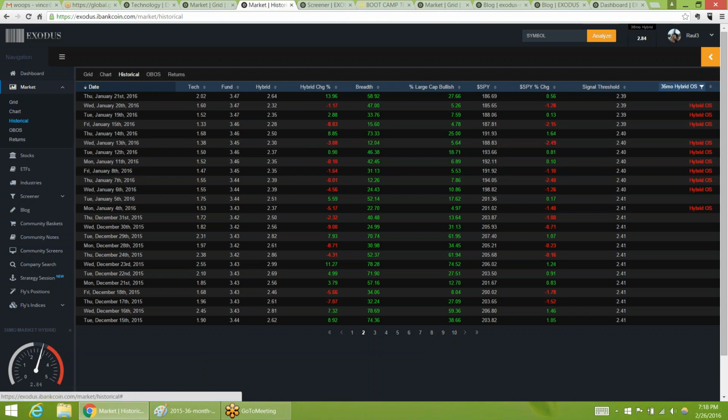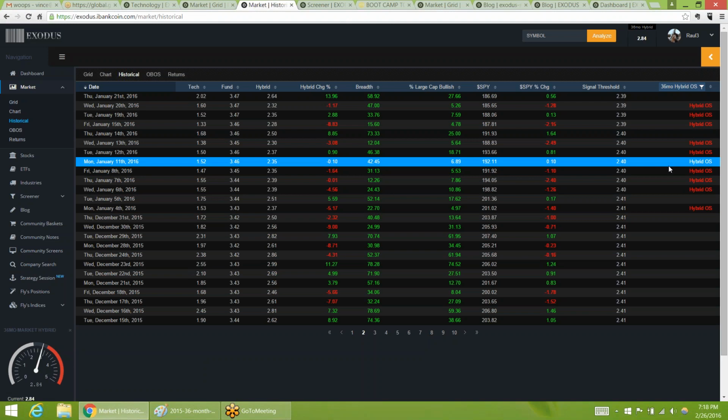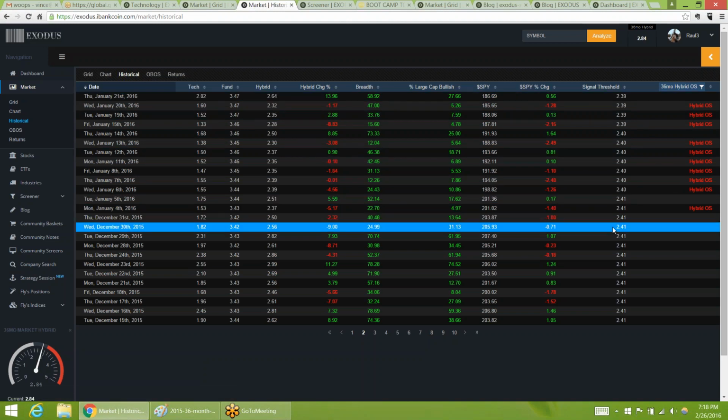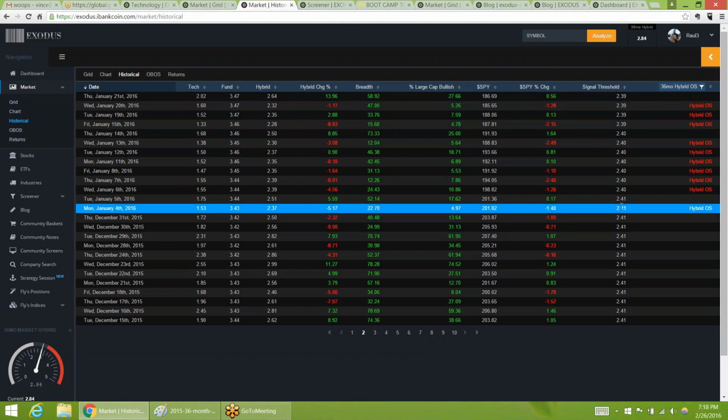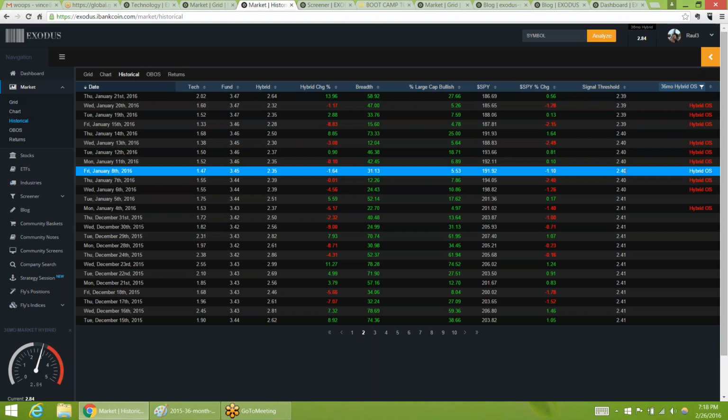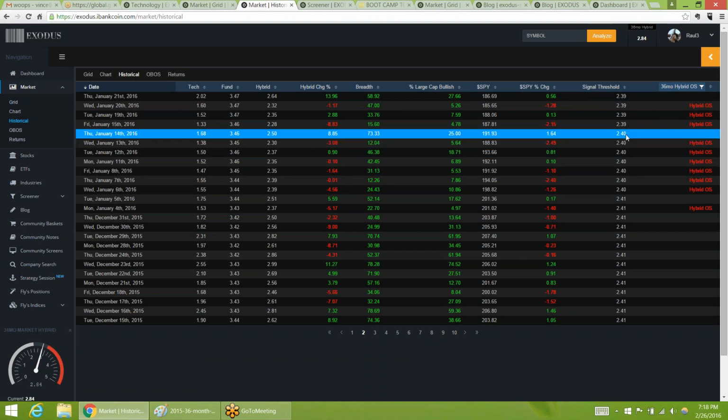And what we saw at the beginning of this year was extraordinary. Those were not normal conditions. And what happens when we go through something like that is the software goes through a learning period. So you'll notice if you look at this second to last column, it says signal threshold. The threshold itself began to adjust lower given this new information that was coming in.